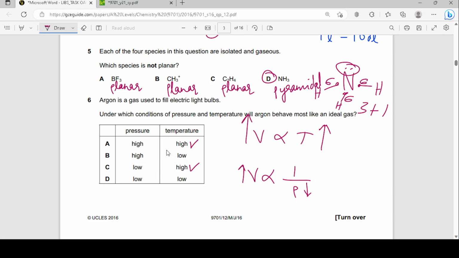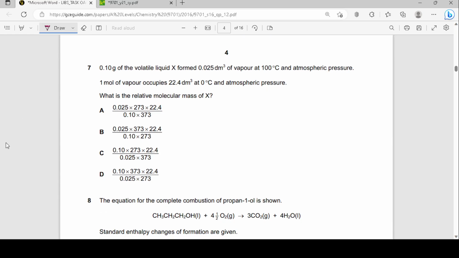So if my pressure is low, then my volume will be high, and if the total volume of my gas is greater, then the volume of the individual particles will be more and more negligible, so it behaves more and more like an ideal gas. That's why gases behave more like an ideal gas at higher temperatures and at lower pressures. So the answer is going to be C, because you have two ticks there.